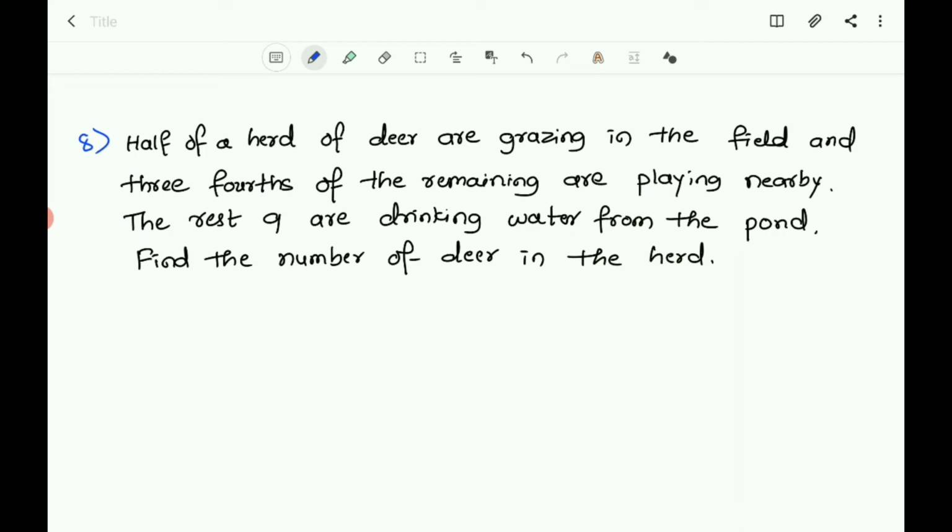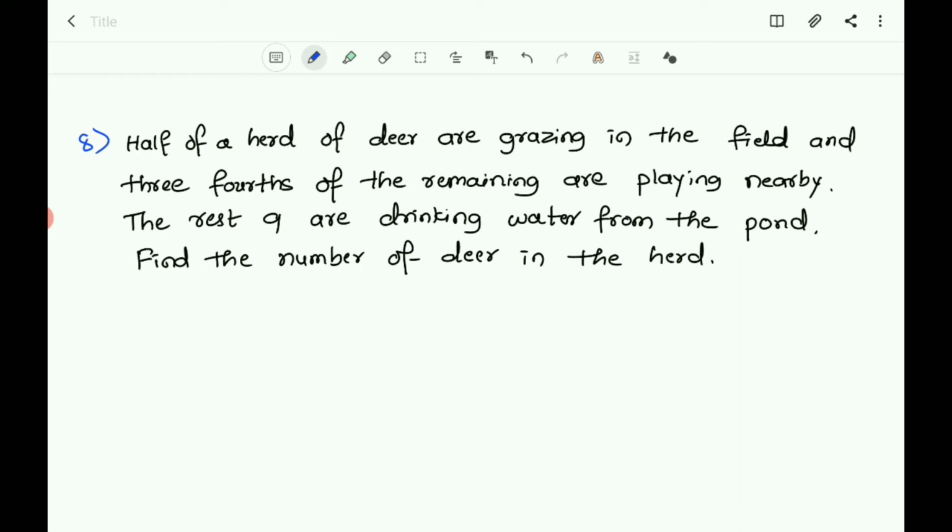So what is the question here? Half of the herd of deer are grazing in the field, 3/4 of the remaining are playing nearby, and the rest are drinking water from the pond. Here we have to find the number of deer in the herd.